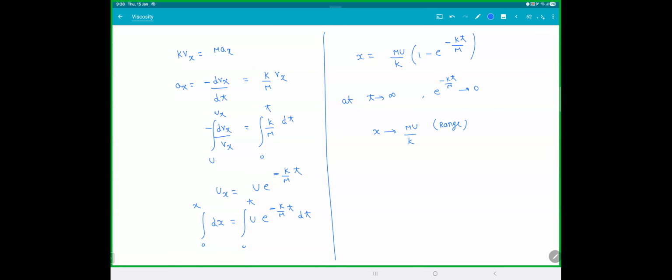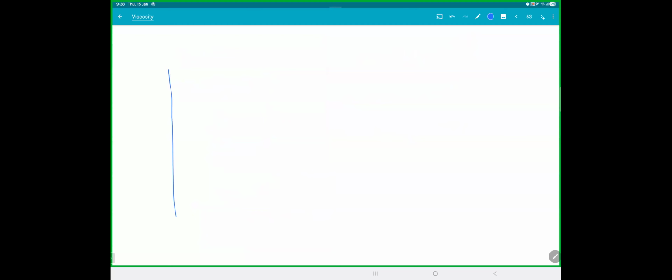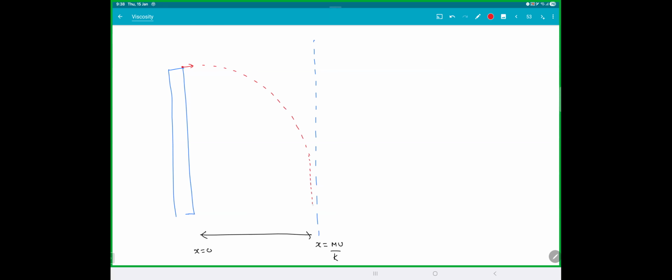So if you actually draw the picture, this is how the picture would look. If you take a tall building, there is an invisible line here whose distance is mu by k. So when you project this particle from here, the y coordinate will keep increasing. You'll keep getting closer and closer to this line, but you'll never touch that line.